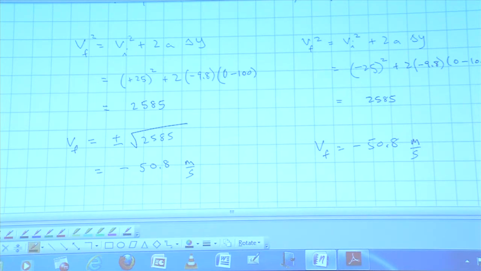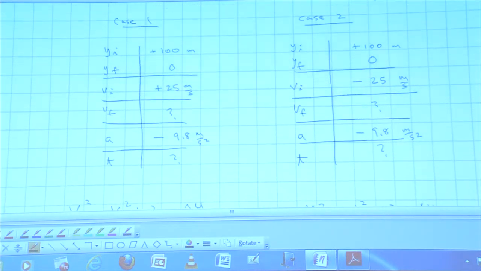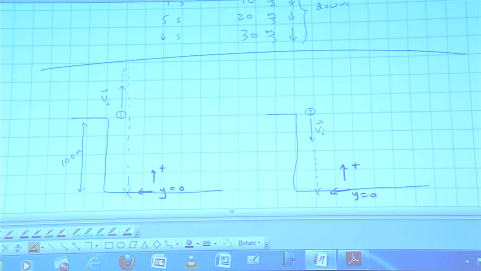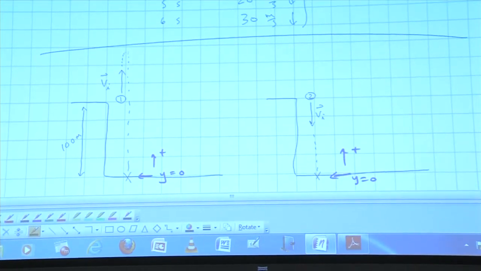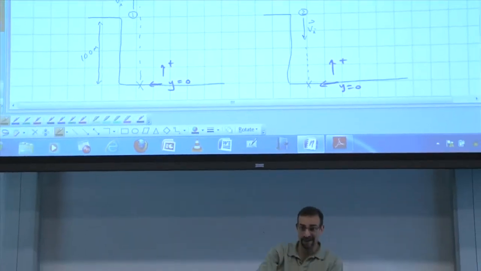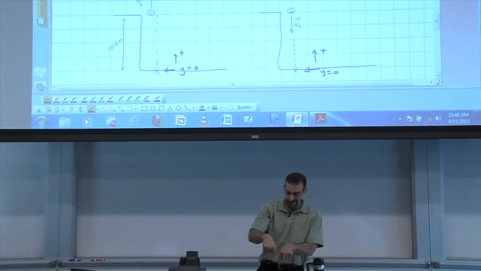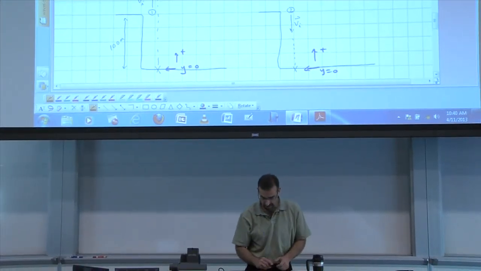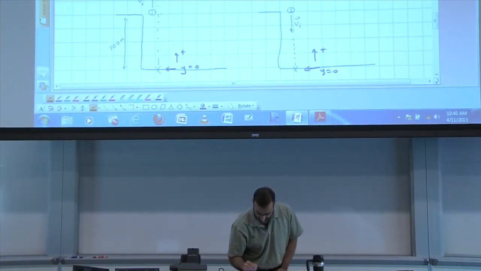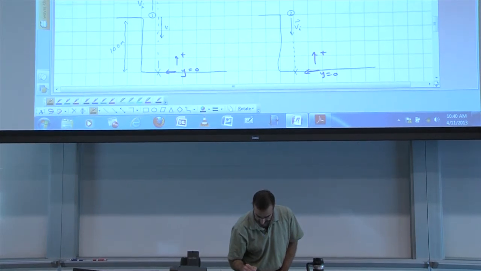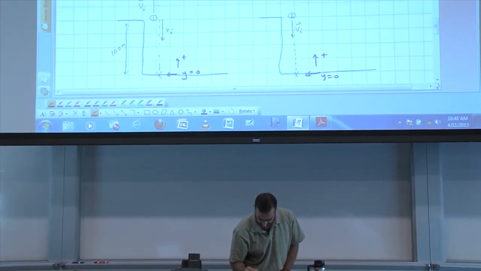Did we expect them to be the same? Yes, because when you throw something up, by the time it comes back down to your hand, it's going the same speed in the opposite direction, right? We just did that. So by the time one gets back to this point, it's got V initial in the other direction, right?